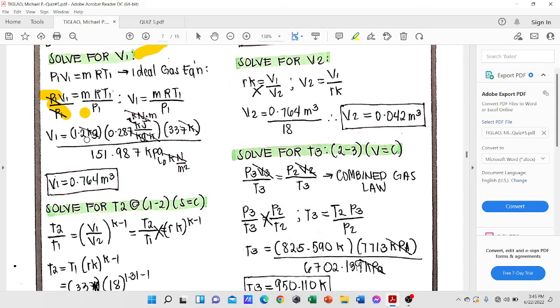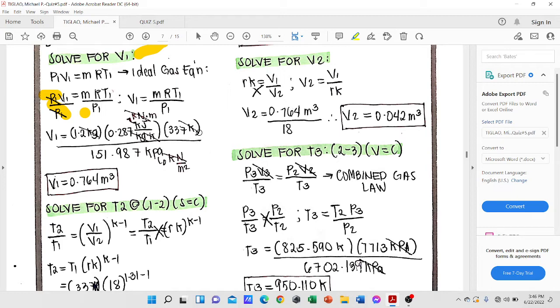The mass given is 1.2 kg. Then our R is 0.287 kJ per kilogram Kelvin. Then our temperature 1 is 337 Kelvin, over our pressure 1 of 151.987 kilopascal.